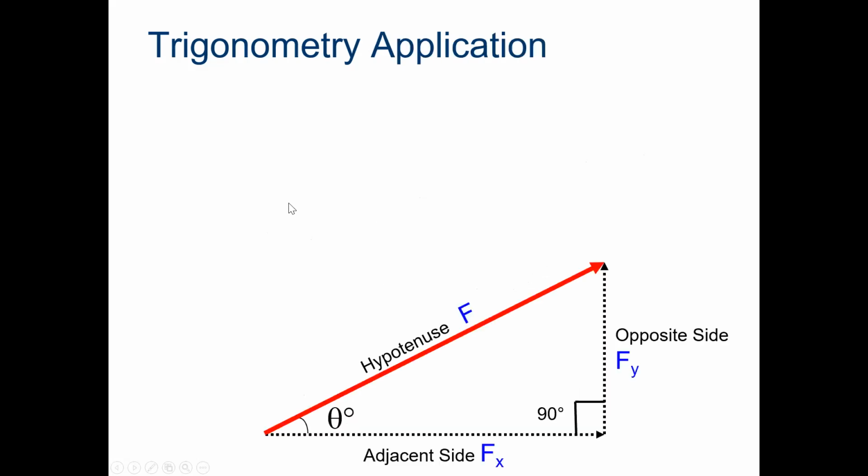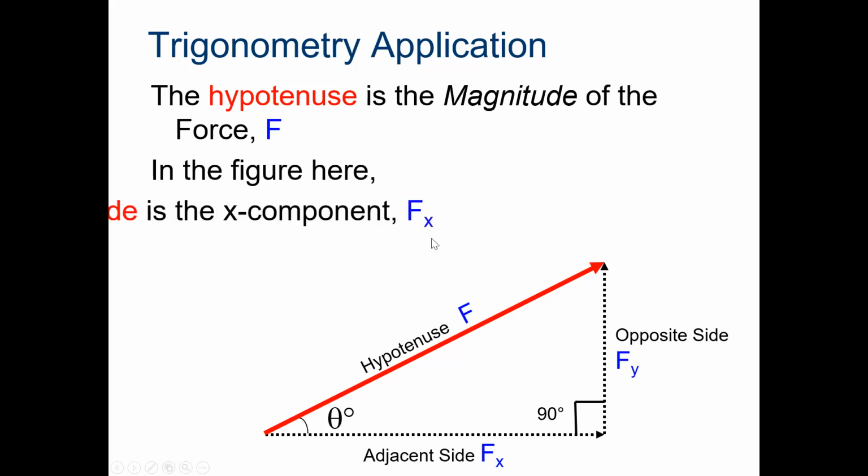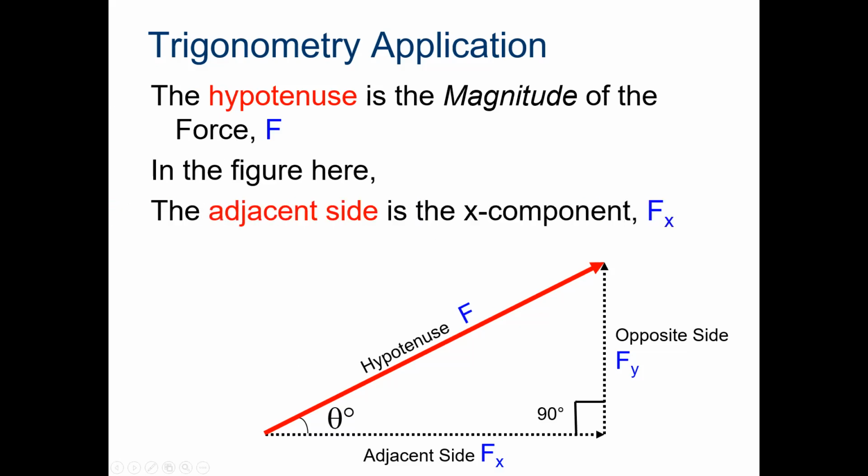So let's take a look at it. Our hypotenuse will typically be our force vector. Our hypotenuse is the magnitude, which is the force, okay? And in this figure, you'll see the adjacent side and the opposite side. Those sides are the components of our hypotenuse.